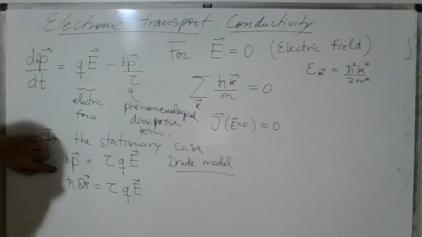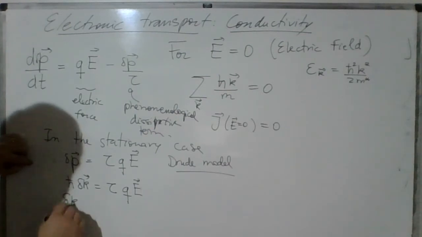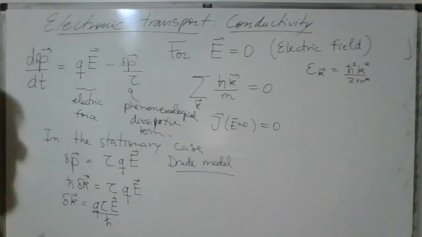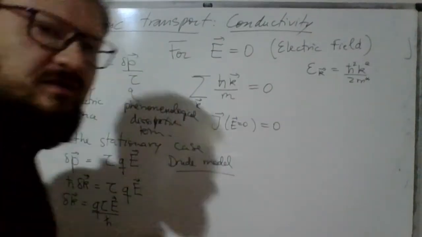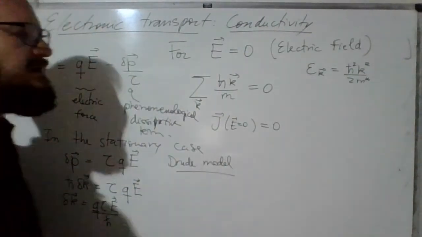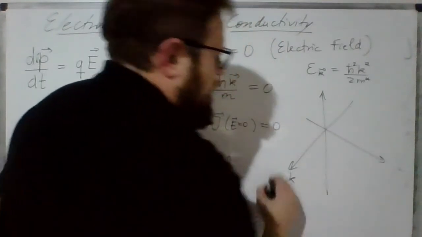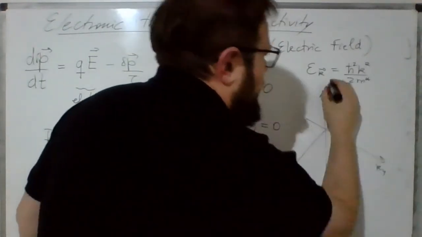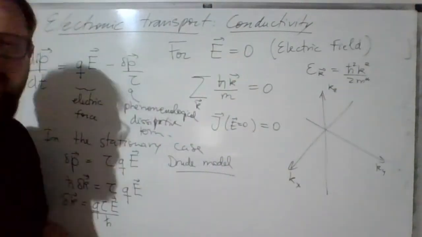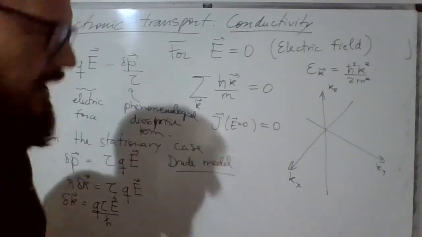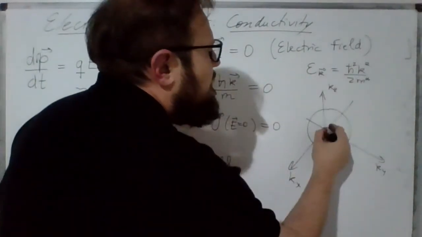And of course, we can calculate delta k, which is a constant: the charge times tau times the electric field divided by h bar. So this is the dislocation of an electron in the Fermi sphere. In another way to put it, you have the Fermi sphere centered at the origin.